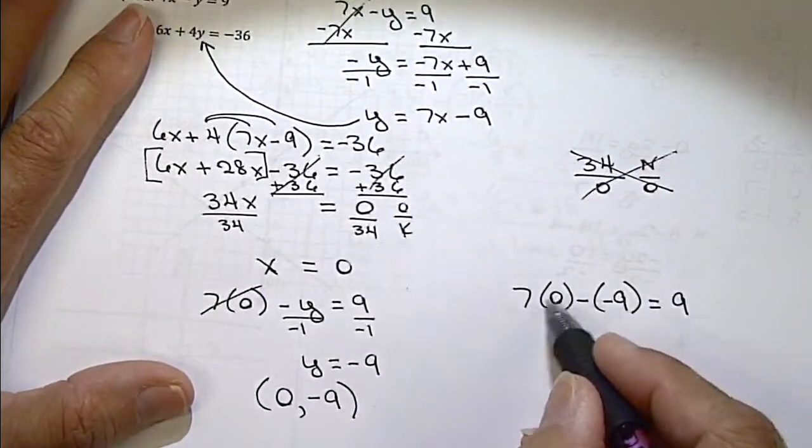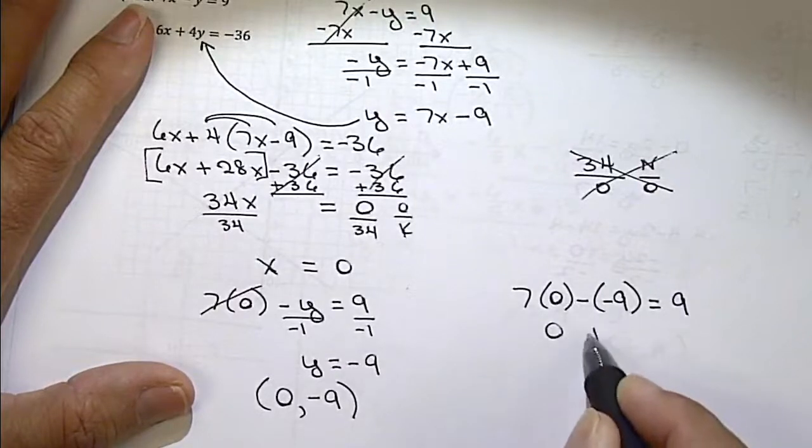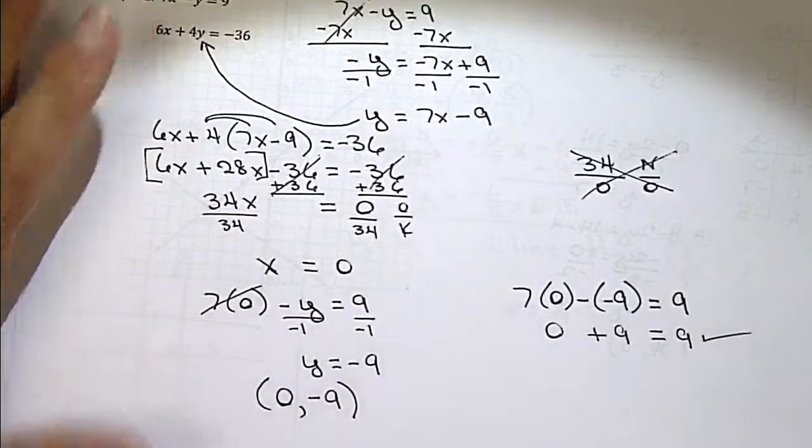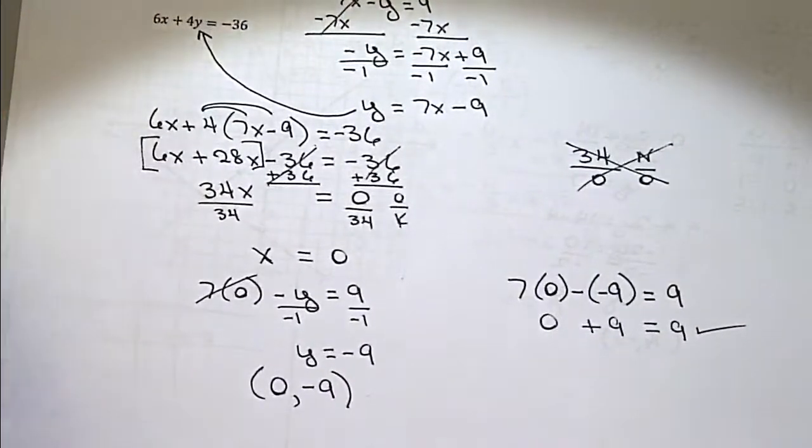Well, 7 times 0 is just 0. This is plus 9, right? And that's my check. It works. You can plug it in the other equation and it works. If it says to check your solution, that's what you're supposed to do. Take your solution and plug it into one of the equations. Okay? Are you good with this one?